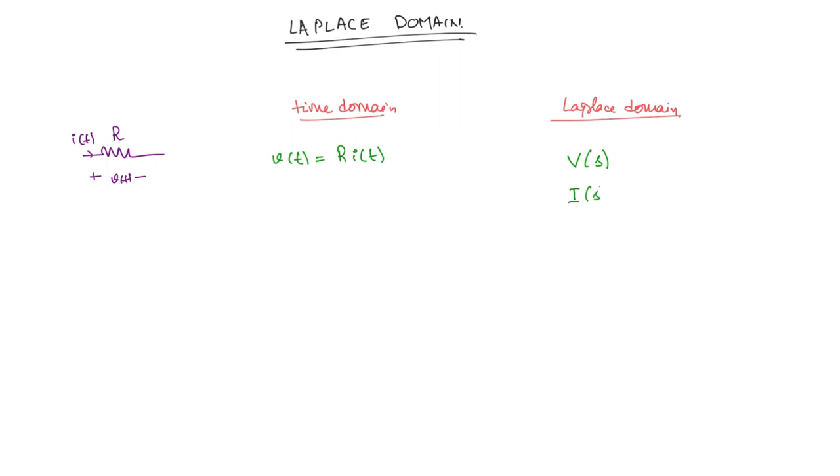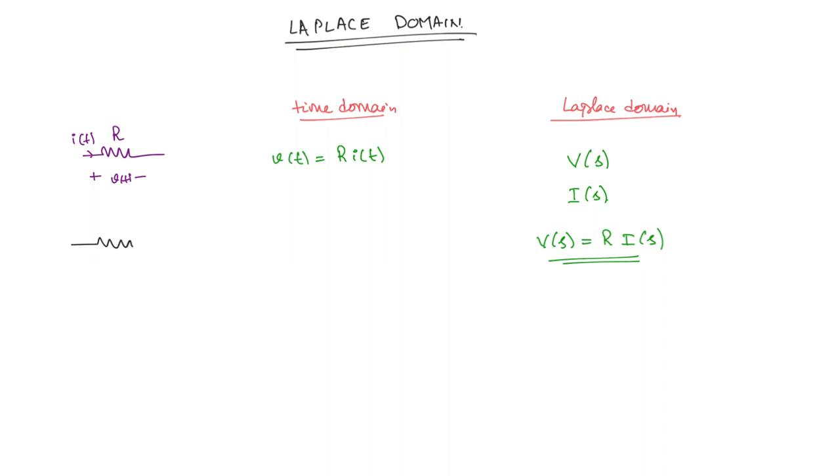This is nothing very complicated, you just have to apply the Laplace transform to this equation. So then what will you get? V of s is equal to R times I of s, right? This is the Laplace domain, as simple as that.